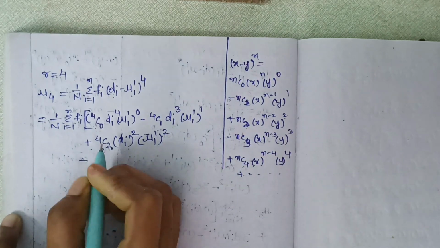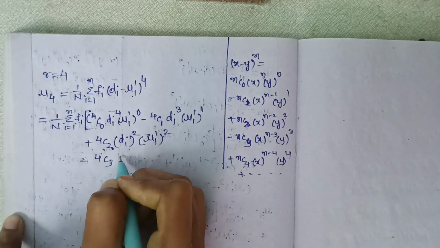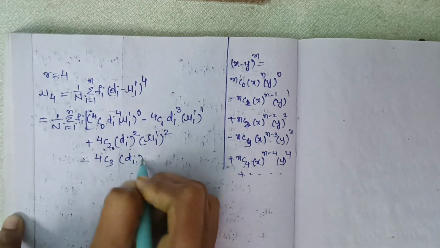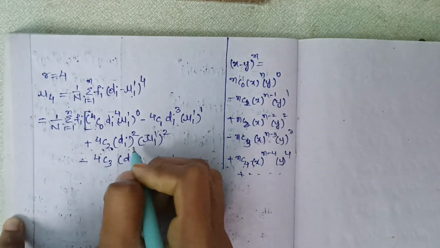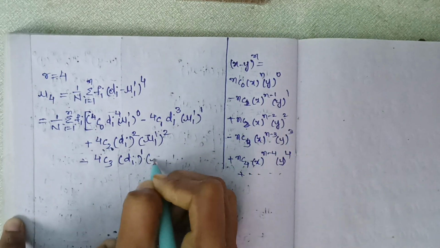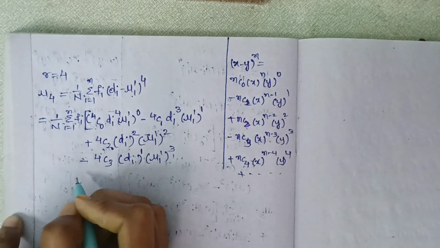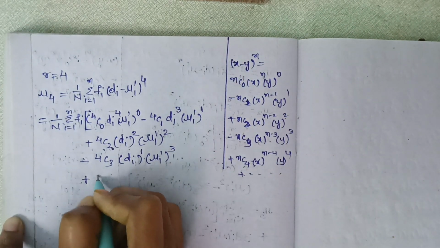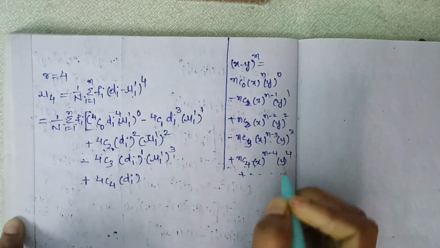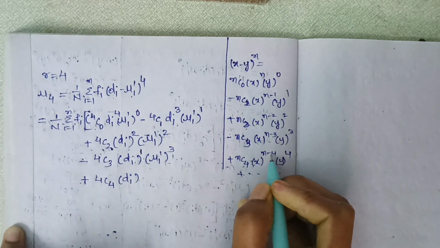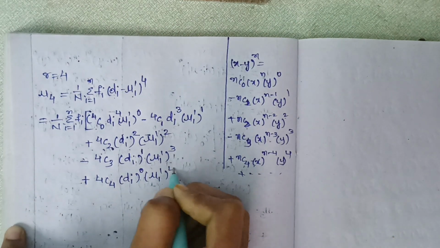Here plus and minus, 4C3 into di to the power of n − 3, 4 − 3 is 1, and y is μ1' whole to the power of cube, plus 4C4 into x is di, n − 4, 4 − 4 is 0, and y is μ1' whole to the power of 4.